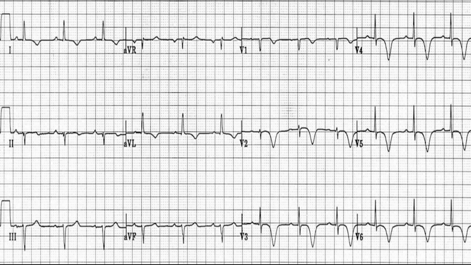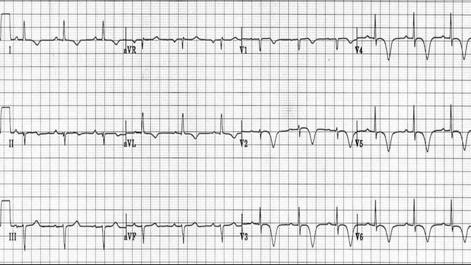The patient is having a fascicular block, typically an anterior fascicular block, because the anterior fascicular branch of the left bundle branch is supplied by the left anterior descending artery, and here the LAD is critically occluded. That's why the patient is having an anterior fascicular block.